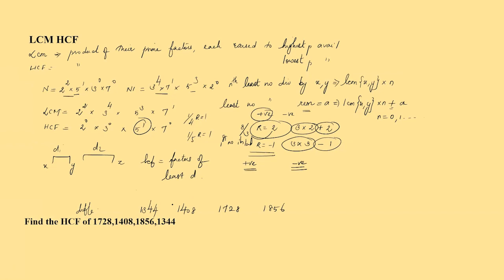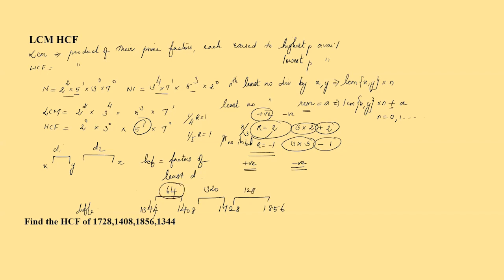The first number is 1344 and the next number is 1408. The difference is 64. Now the numbers here are 1408 and the next number is 1728. The difference here is going to be 320. Then go with the next set of consecutive terms, 1856 minus 1728, correct? So this difference is going to be 128.